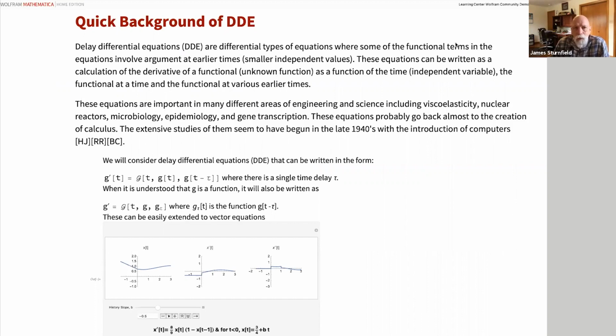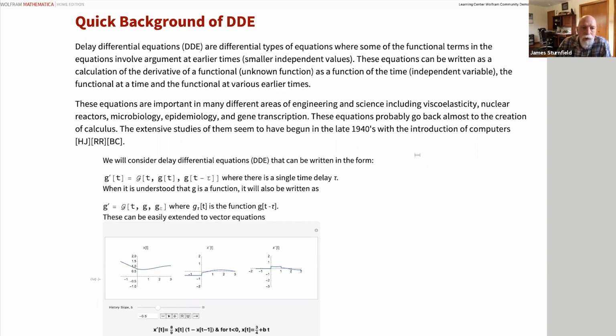Not going to say a whole lot about delayed differential equations, except for the idea is that we have equations where we're trying to find a function whose derivative is a function of itself, time in general, and then the function at some delayed time. And there's various ways this can be approached.